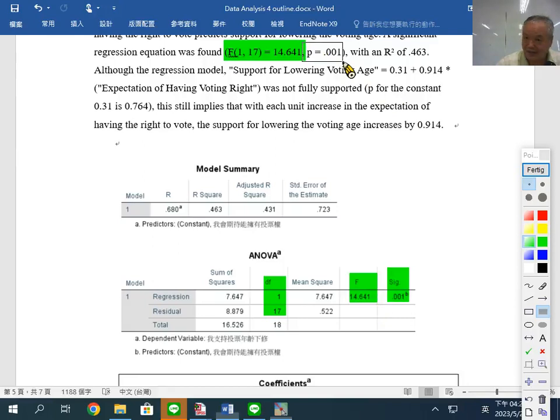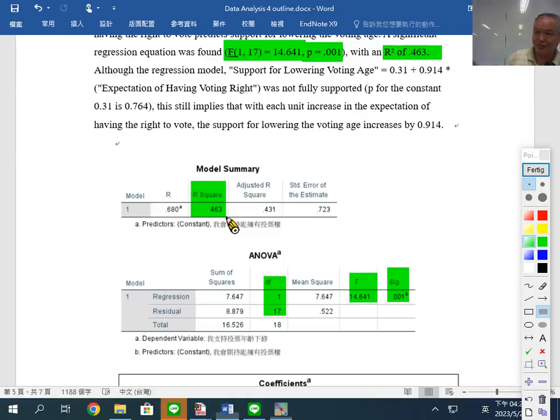And the R square is equal to this one. This means that the value for X has 46.3% of the ability to predict the value of Y.